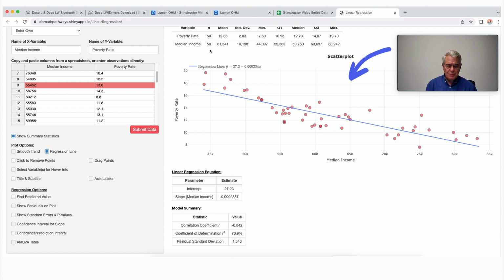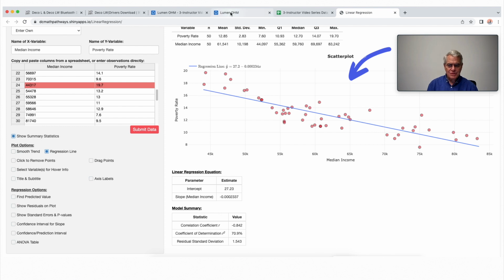You can see some of these values have a pretty far distance from the prediction line. And some of them are very close. That point is exactly on the prediction line. That point has very little error. Those points have quite a bit of error.